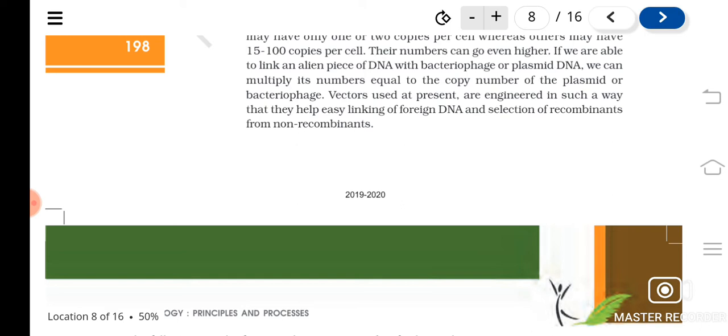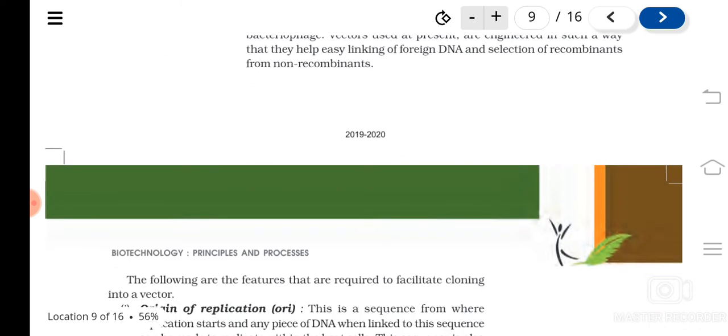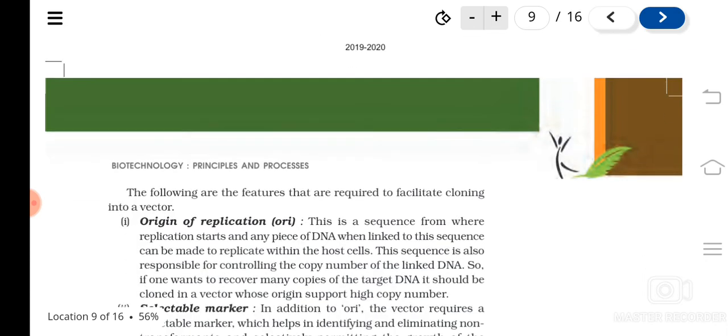Recombinants are those which are successful, having the foreign DNA successfully added in them. Non-recombinants means our procedure or experiment was not successful; no recombination, no adding of foreign gene happened in that. So we have to select the recombinants from non-recombinants. That is also an important step, and the vectors designed nowadays do both these functions.